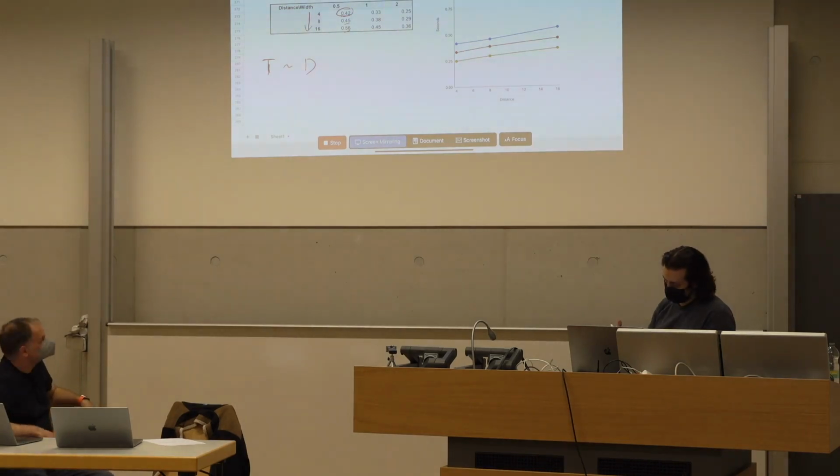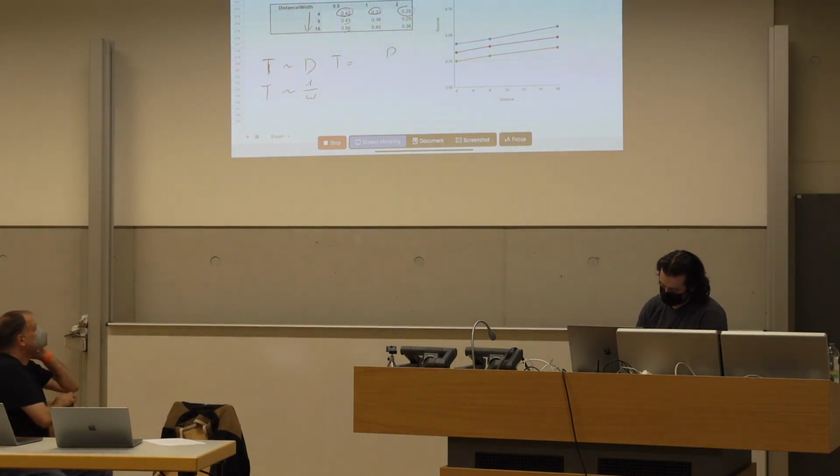And with increasing width of the target, we see that the time decreases. So we go from 4.2 to 3.3 to 2.5. So now again, we know that this is the inverse of that. And this is already the interesting number. So we know that we have a time that is equal to the distance divided by the width.